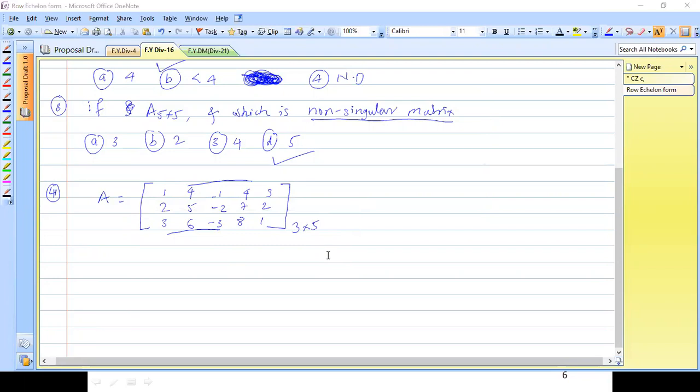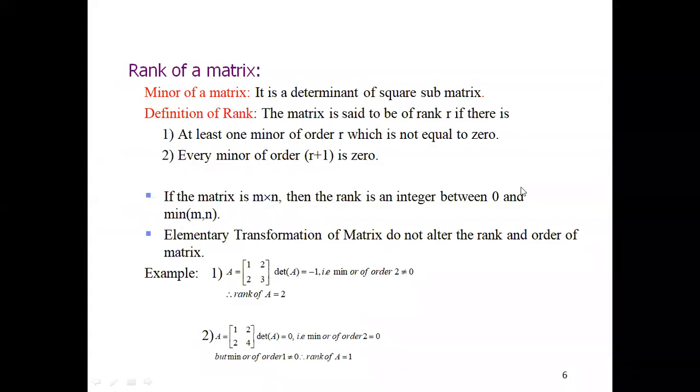Because we need a 4 by 4 minor, and a 4 by 4 minor does not exist. What is the highest possible minor here? 3. So the minimum of 5 or 3 is 3. So the maximum rank would be 3, then 2, 1, like that. That's why they say the rank is between 0 and the minimum of M and N.